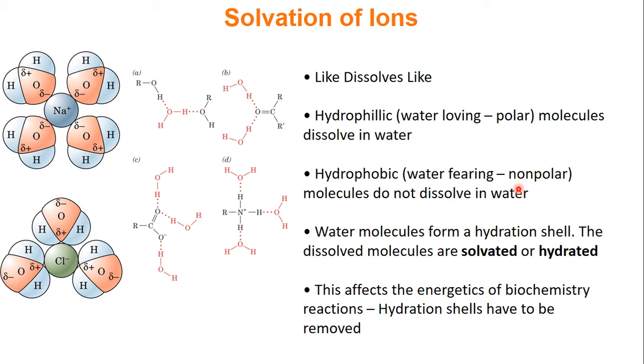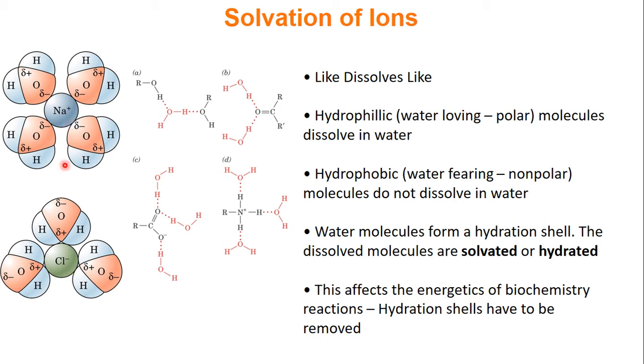And the reason why polar molecules will dissolve in water is because water will surround these molecules. So here we have sodium and chlorine, table salt. Table salt dissolves in water very easily because the water molecules will form a hydration shell around the sodium, where all the oxygens point at the sodium, and it'll form a hydration shell around the negative chlorine, where all the hydrogens point towards the chlorine.